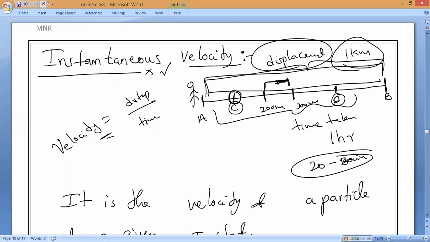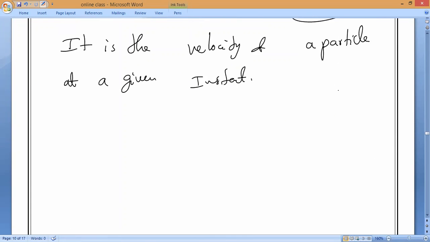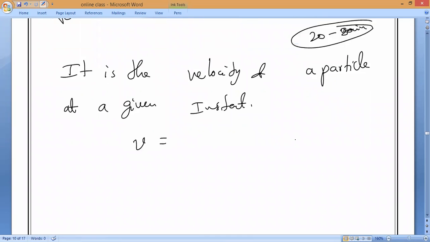As I told you, when Arun Kailash is traveling from A to B, at that particular point C, the velocity of him is called instantaneous velocity. If we measure the velocity at the particular point D, that is also called instantaneous velocity.